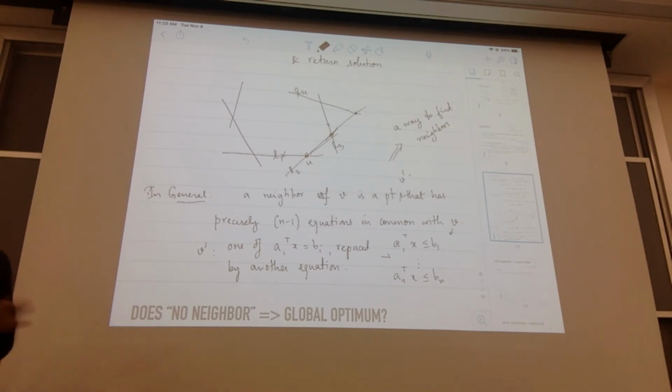Once you have this, the description of the algorithm is complete, because you know how to find neighbors, and note that this is a very clean local search algorithm. Every point is defined by n equations. Each time throw one equation out, add another equation in, check for feasibility, and check if going there improves the cost. So this is a very clean local search algorithm.